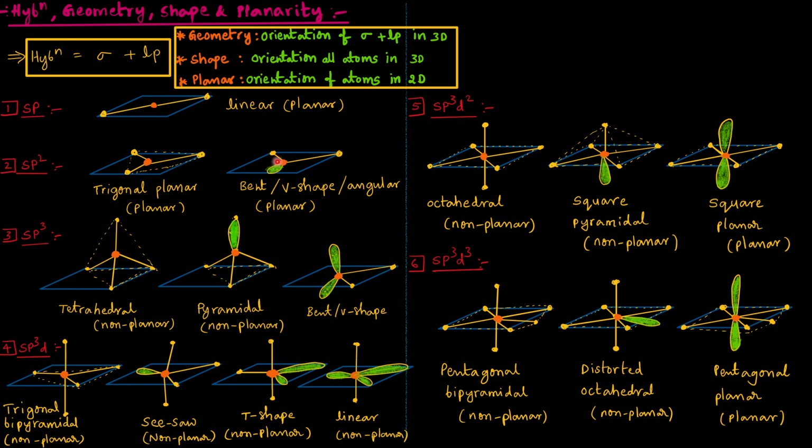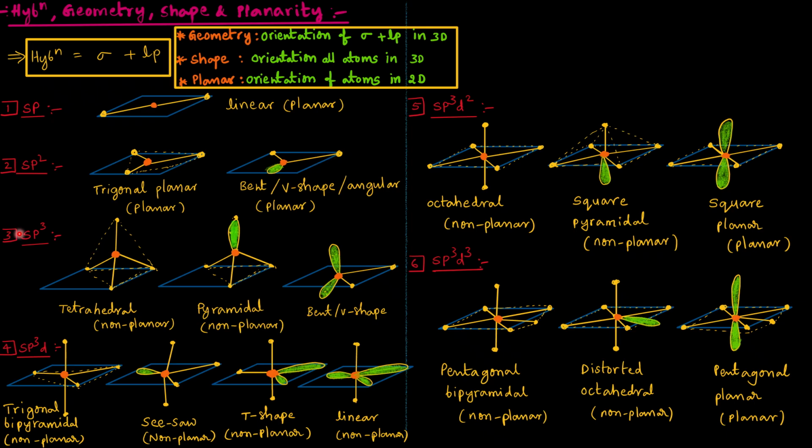This shape is said to be bent shape or V shape or angular shape. Since all three atoms are present in the same plane, this molecule is planar. Remember one thing, when atomicity is 2 or 3, then the molecule is always planar. So here three atoms are there, so planar.